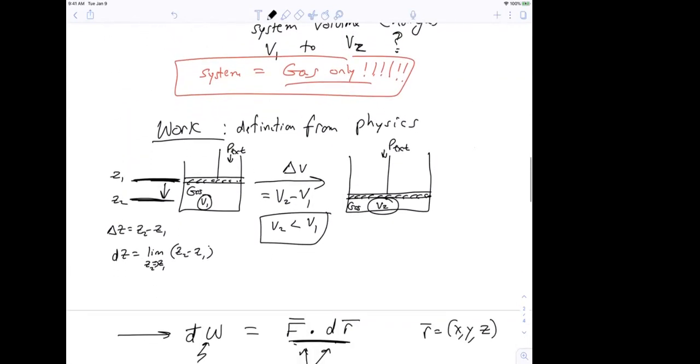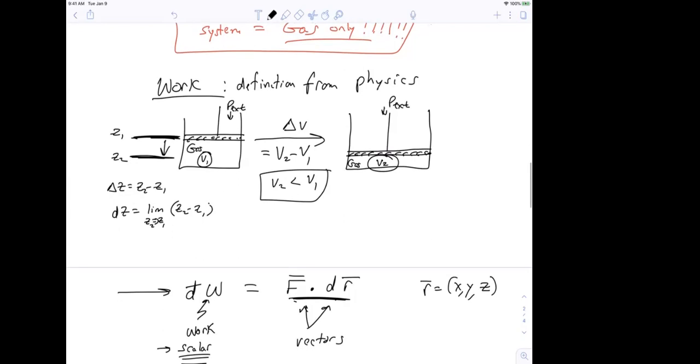As we move this piston head, this piston head is moving down, and because it's moving, there has to be a force. Otherwise, it wouldn't be moving. And we can relate this force to the only thing that's acting in that direction, in the z direction. That's this external pressure.